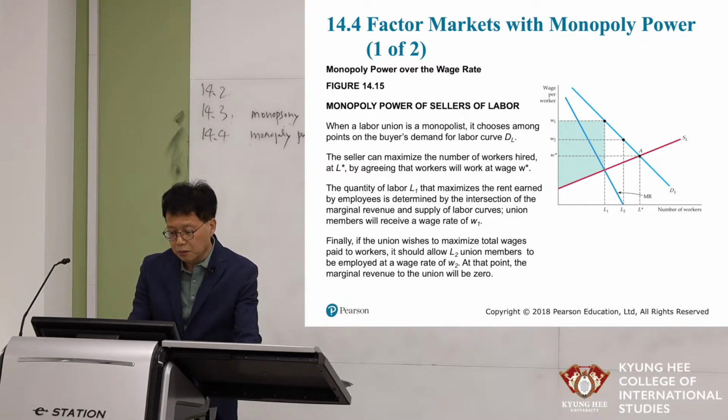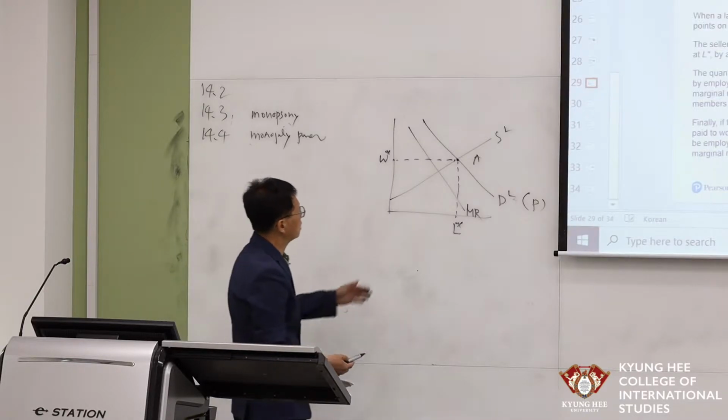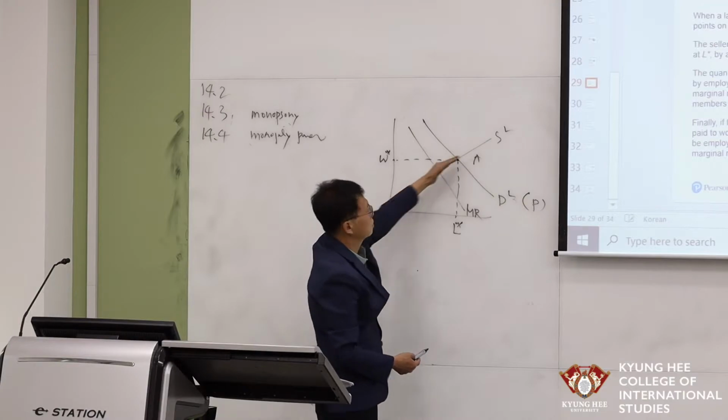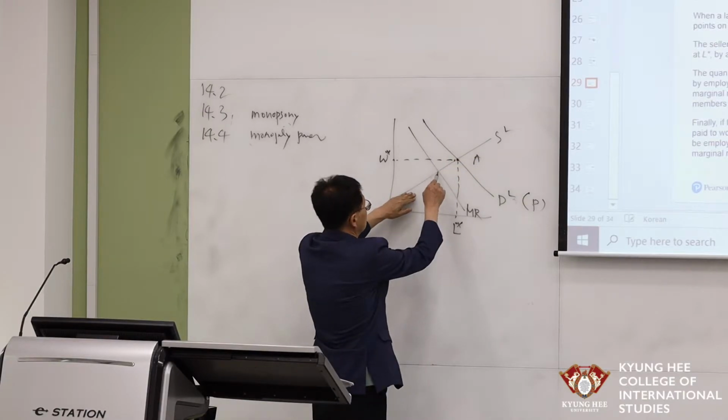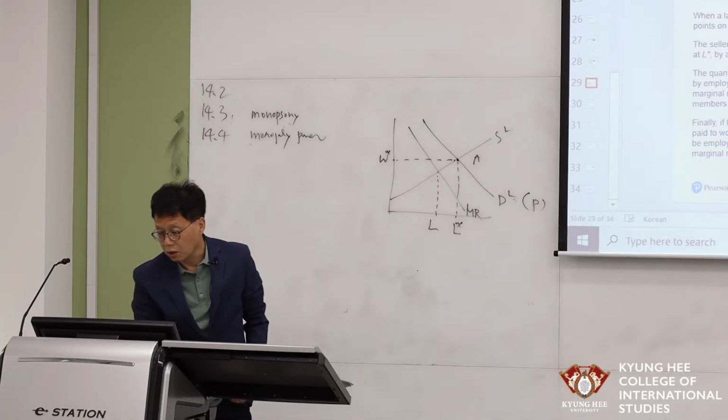But if the labor union has monopoly power, then what happens? Marginal revenue equals the supply curve. So that is L1.